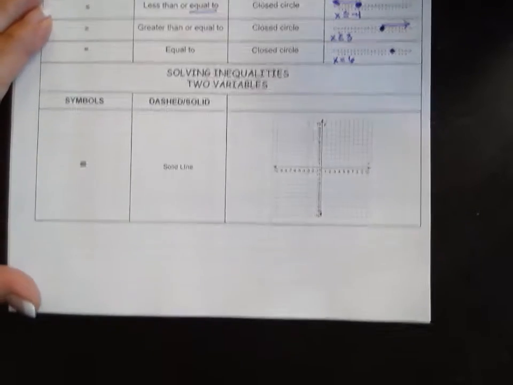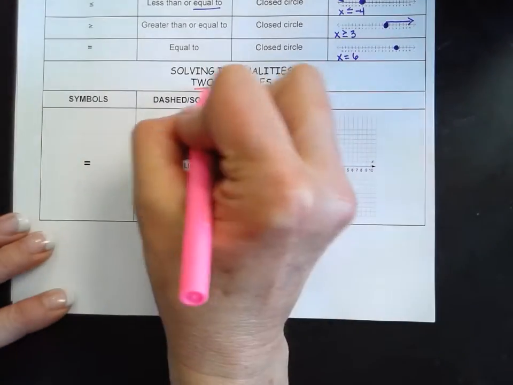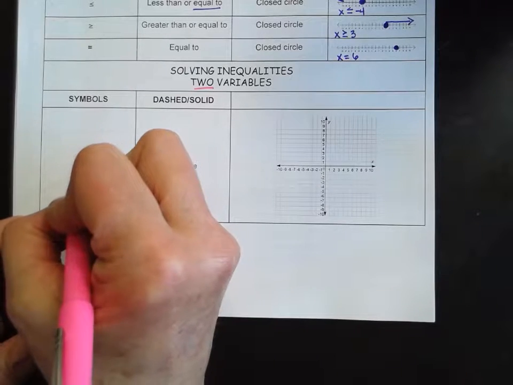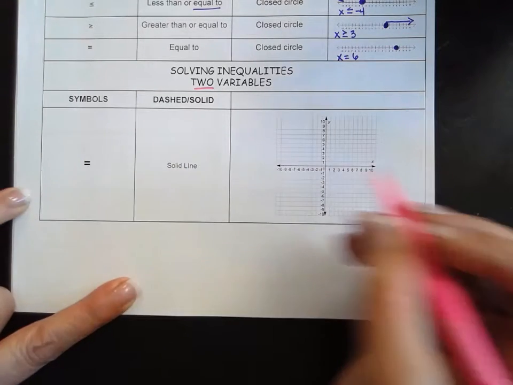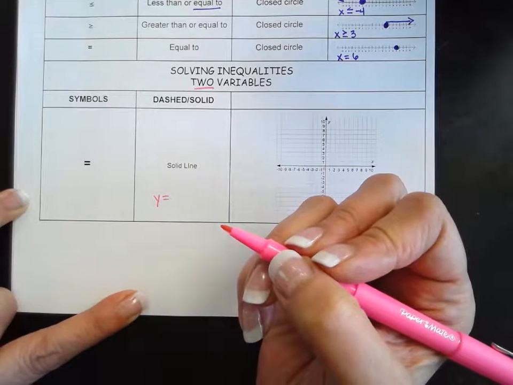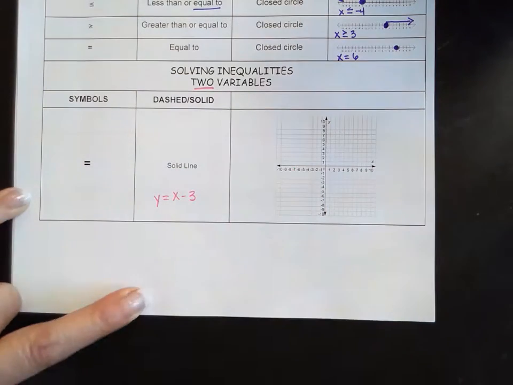All right, now if we have an inequality with 2 variables, that means that we're on an XY coordinate plane, okay? If we have the equal, so let's say y is equal to x minus 3, okay?